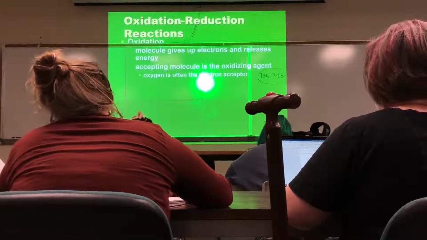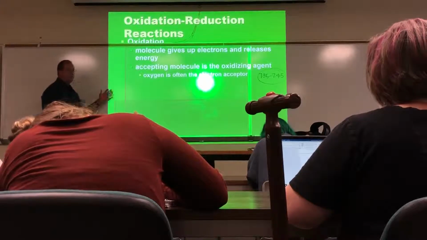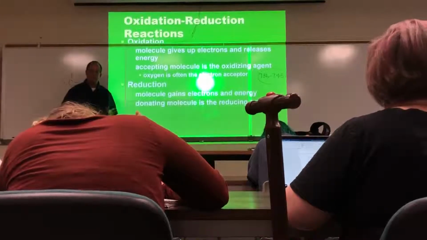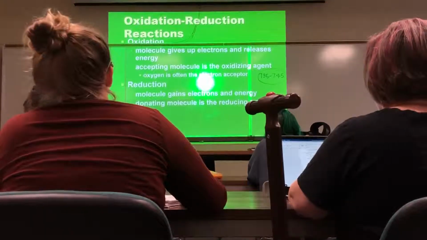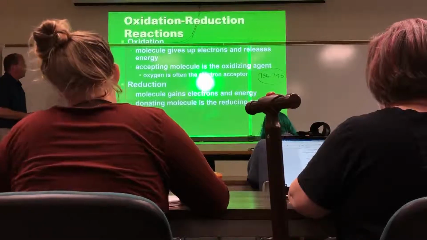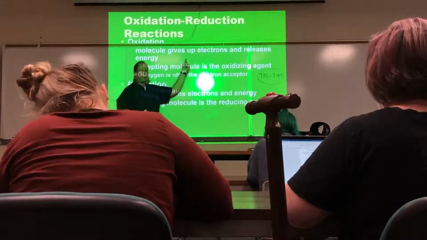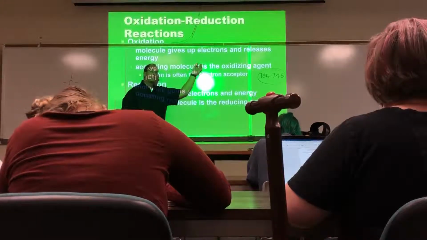There's a reaction that takes place in a lot of our cells on a daily basis called an oxidation reduction reaction. You don't have to know the details. This is not crazy chemistry. This is anatomy and physiology. But you can see that an oxidation reaction gives up or releases. So we call oxidation exergonic.